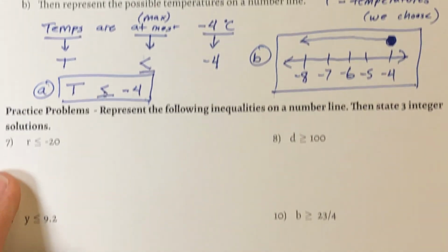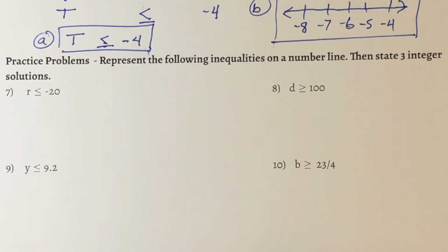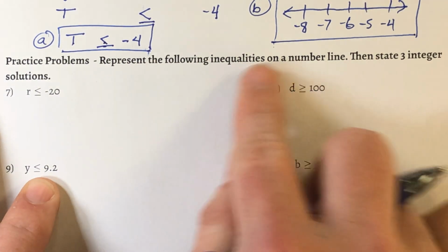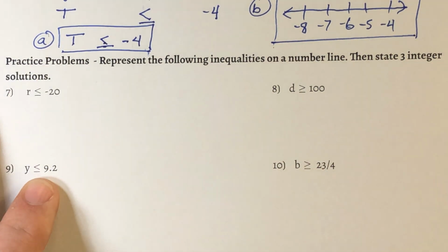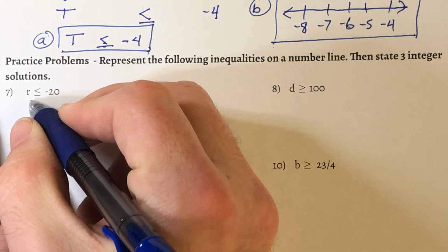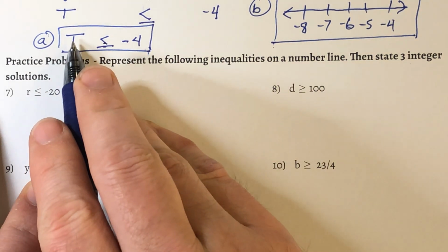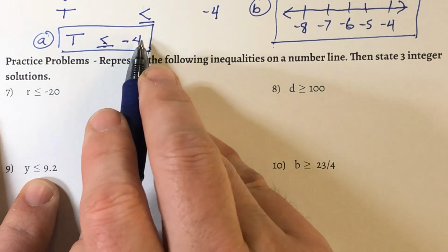All right, we're going to switch and just do some practice for plain old number lines, but it does add something. It says represent the following inequalities on a number line, then state 3 integer solutions. Solution just means what could the letter be. So for example, up here, the temperature has to be smaller than or equal to -4.